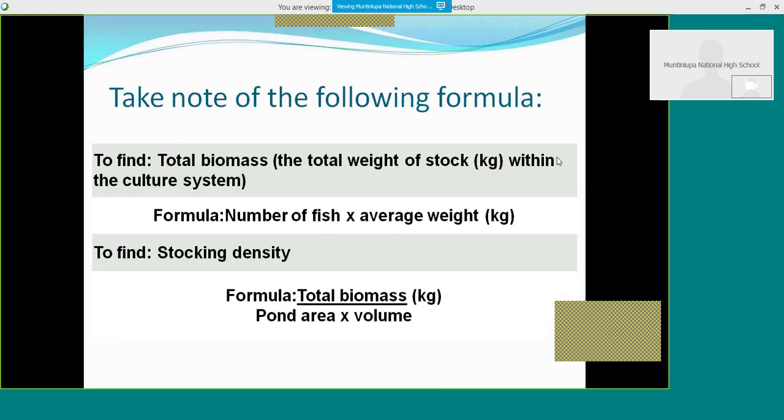We also need to take note of the following formulas. To find the total biomass, the total weight of the stock in kilograms within the culture system, the formula is number of fish times the average weight in kilograms.